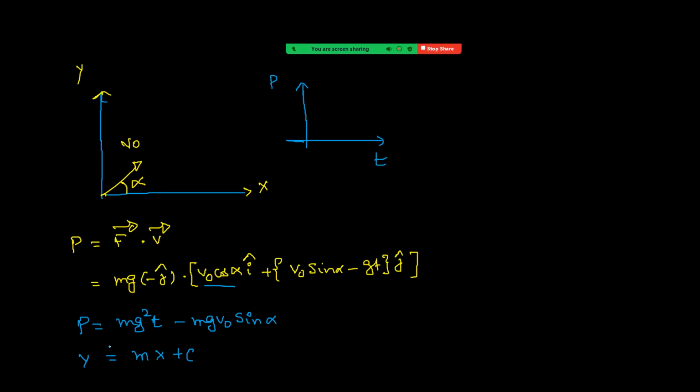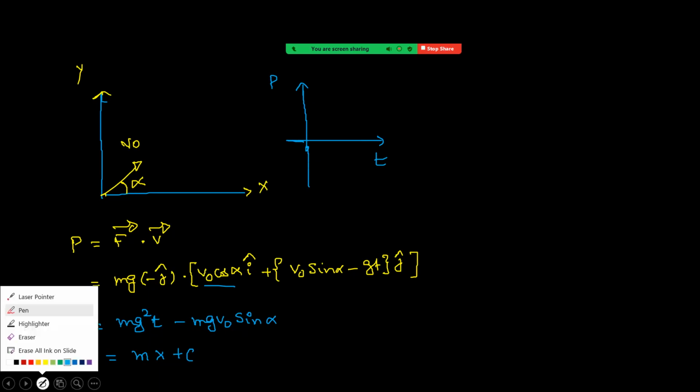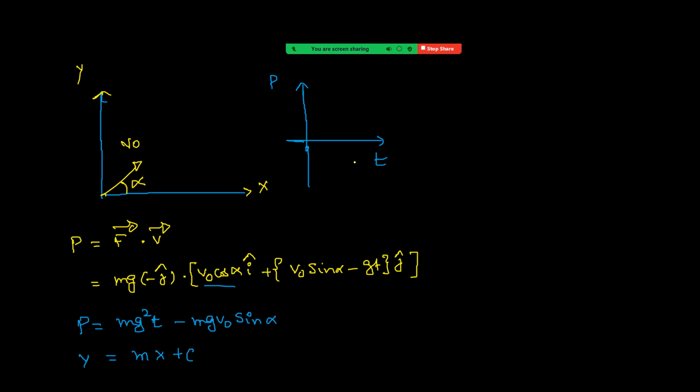So the graph will be like this. Slope positive, negative y-intercept, and this value is equal to mg v naught sine alpha, and the slope equals mg square. This is the power, or you can say the instantaneous power.